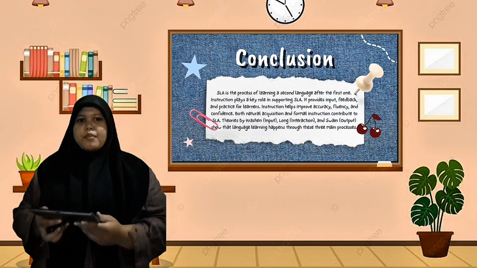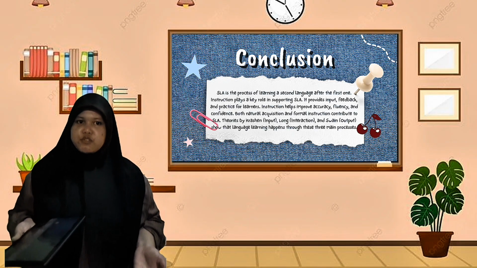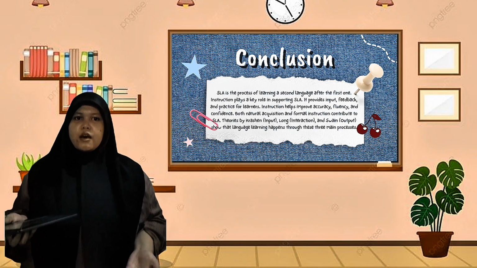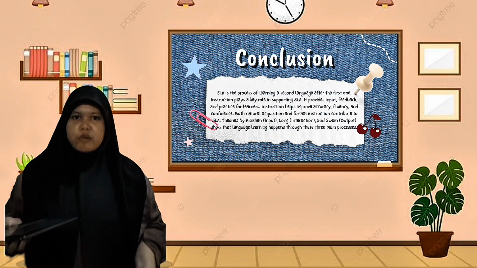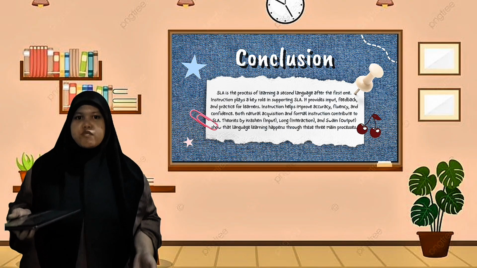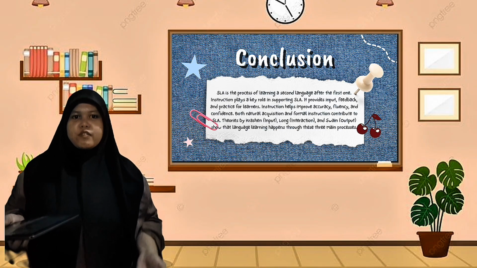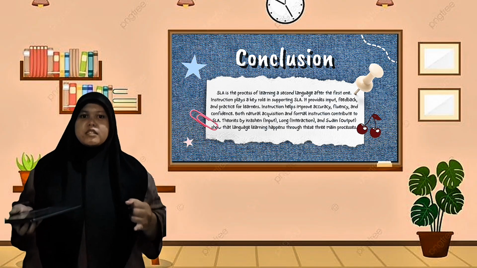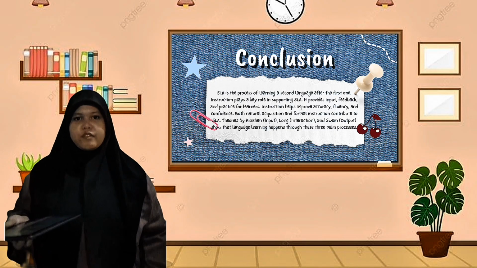Right? Before we wrap up, let's summarize what we learned today. SLA, or second language acquisition, is the process of learning a second language. Instruction supports SLA through input, practice, and feedback. There are three types of instruction: explicit instruction, implicit instruction, and corrective feedback.